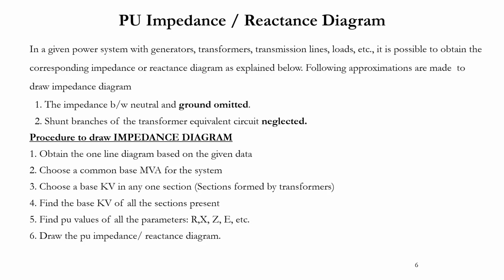Based on the number of transformers, the sections are divided. Find the base kV of all sections present. If there are a number of sections, split the sections accordingly. Find per unit values of all the parameters of resistance, reactance, impedance, voltage, etc. Draw the per unit impedance or reactance diagram.